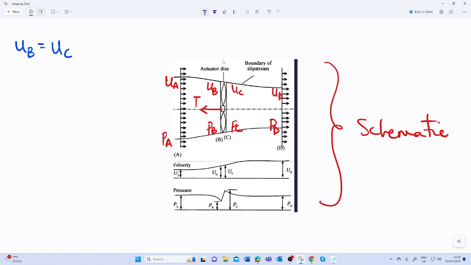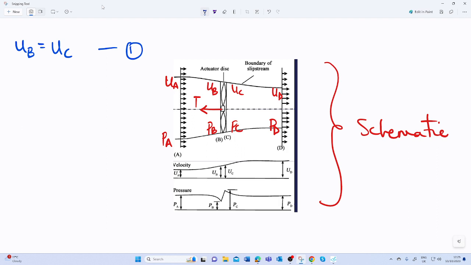Don't let us forget that the cross sections B and C are close, based on our assumption from the momentum theory. So UB will equal UC. That's equation 1.